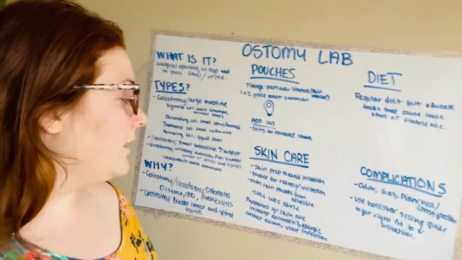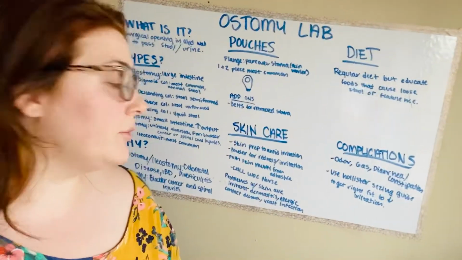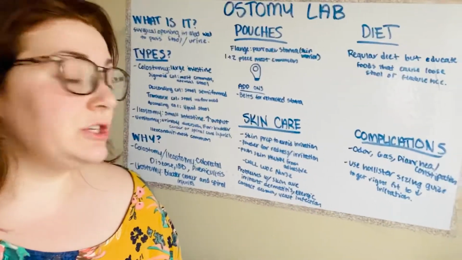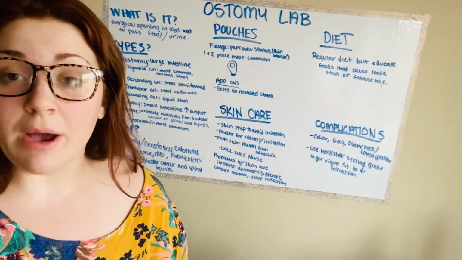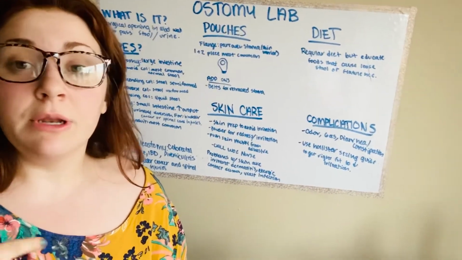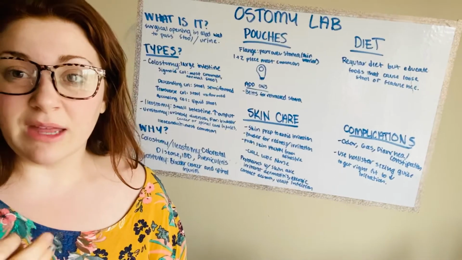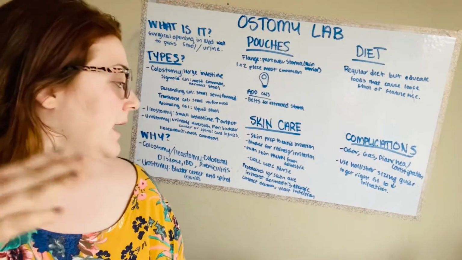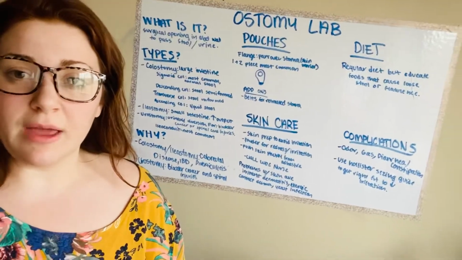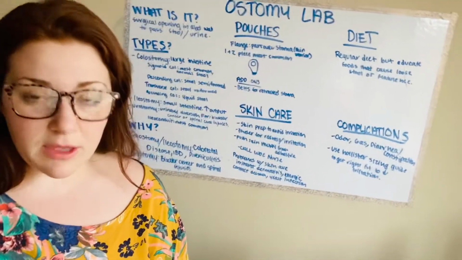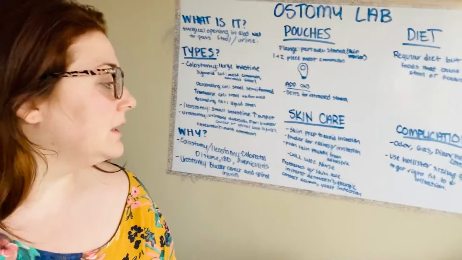For skin care, you want to use skin prep to avoid irritation. If your patient is having a lot of redness or irritation, you're going to want to put powder on there, and then you're going to put skin prep over the powder. That's like an adhesive, so it helps with that irritation to make sure that the peristomal skin, that's the name of the skin around the ostomy, will stay clean.